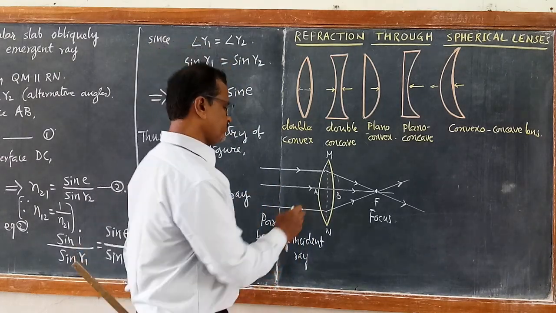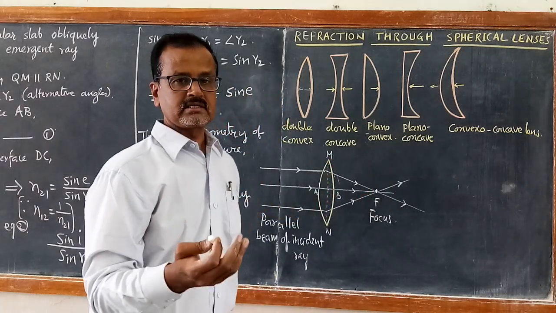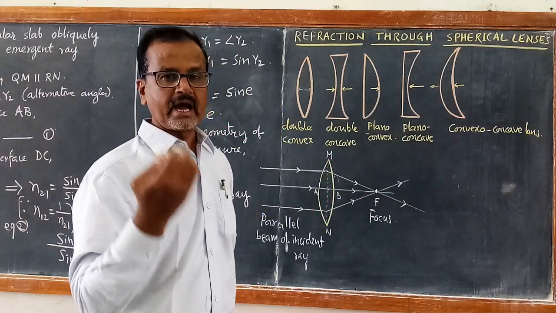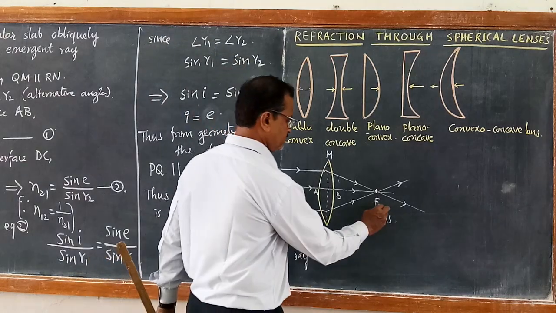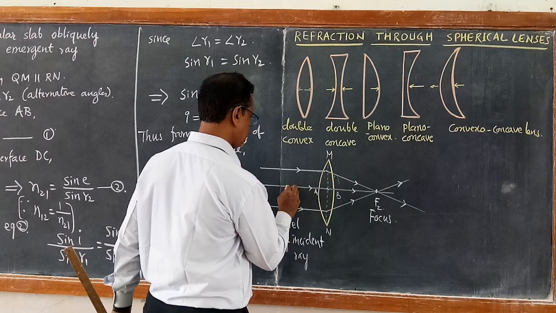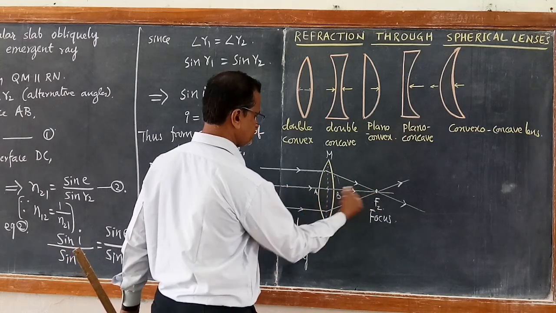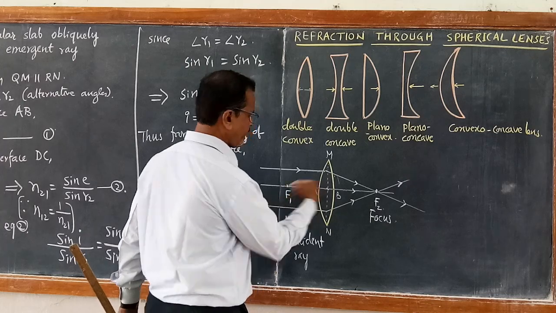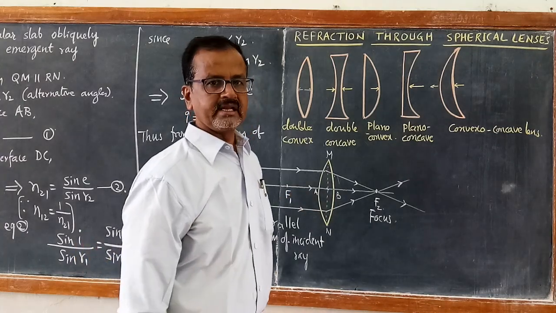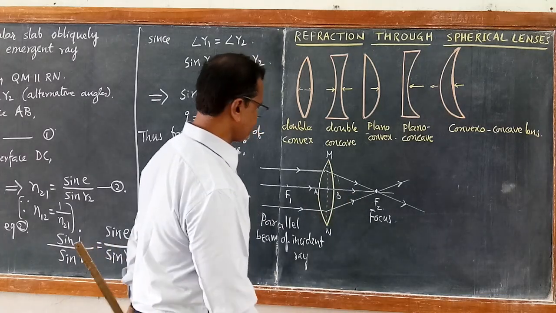Then it will have two foci, the plural of focus. F1 for the first surface towards the left, F2 for the second surface towards the right. So it has two principal foci, F1 and F2.